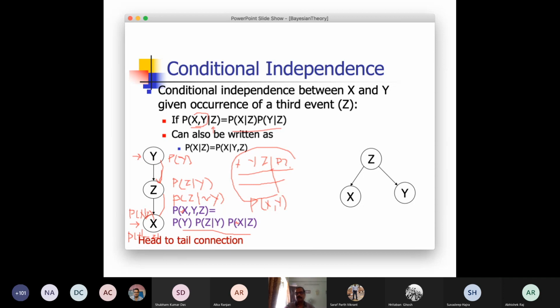So in this case, how many parameters? How many parameters for z? Only one, the probability of z. What about x? How many parameters? Two, because we are representing the conditional probability of x given z.